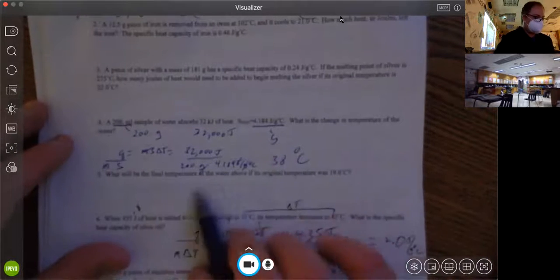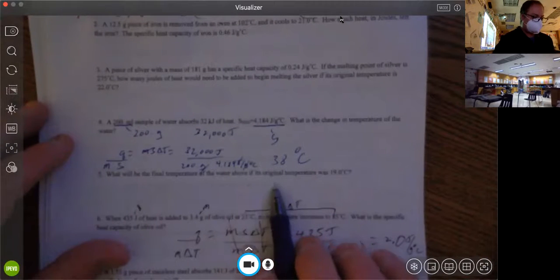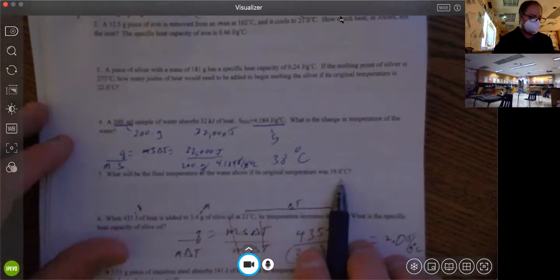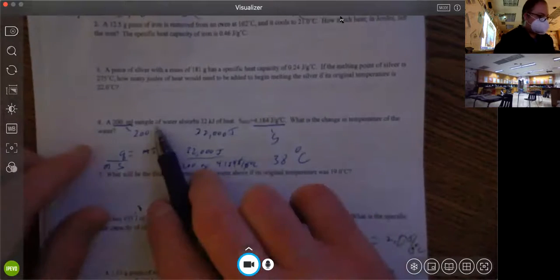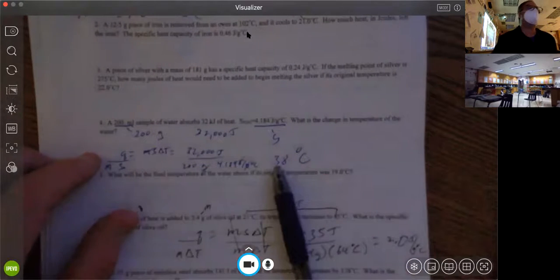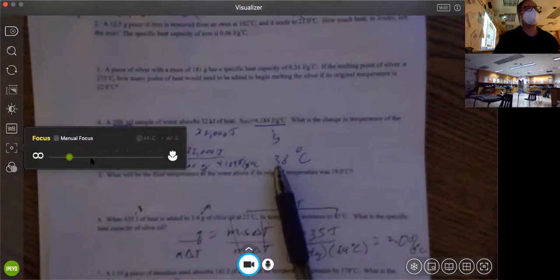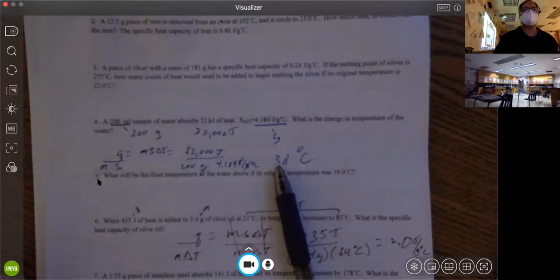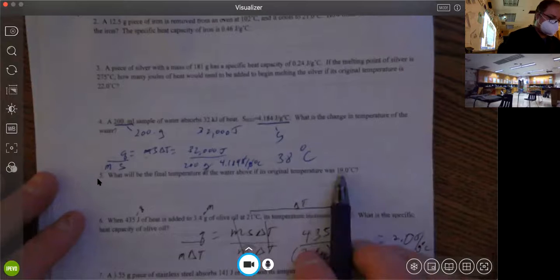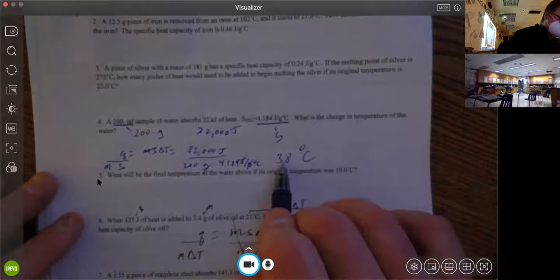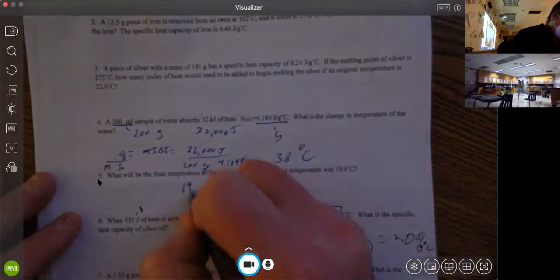It says, what will the final temperature be if the water above's original temperature was 19 degrees? Well, we need to see if it was absorbing or losing that amount of energy. It looks like it was absorbing it. So if its original temperature was 19 degrees, that means the change is positive. So 19 plus 38.